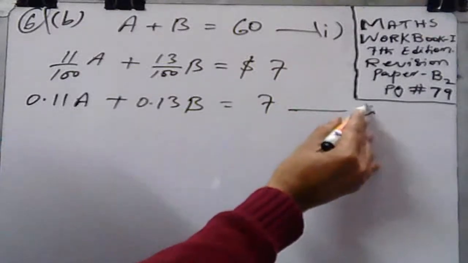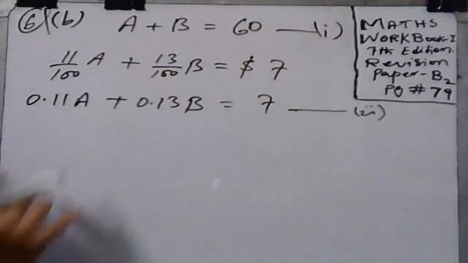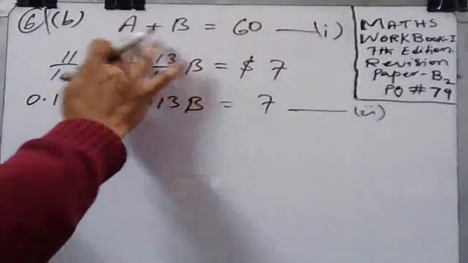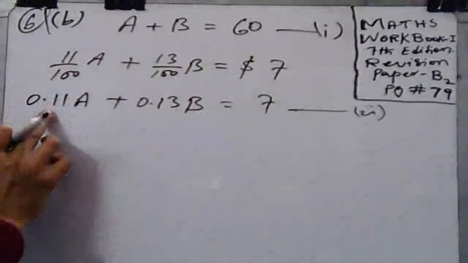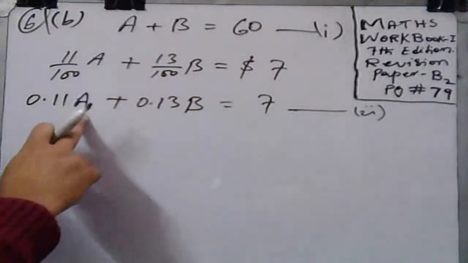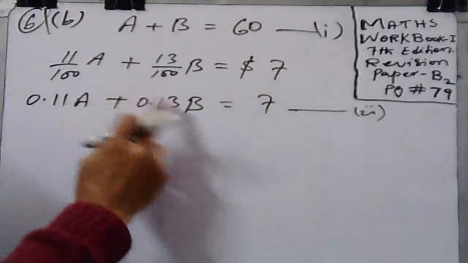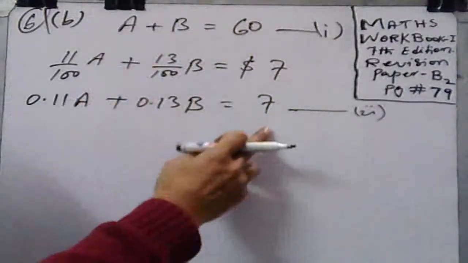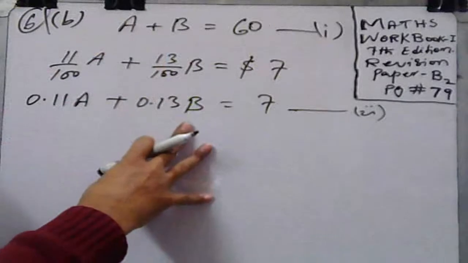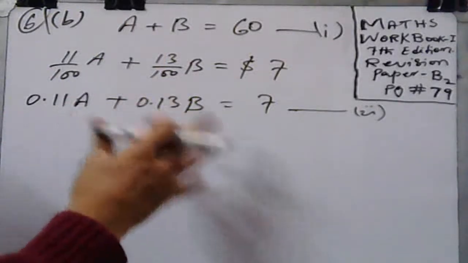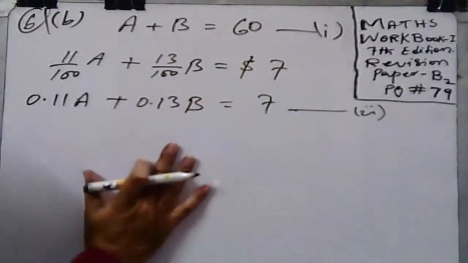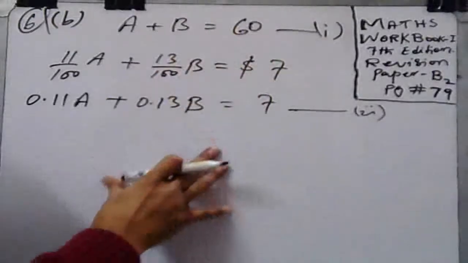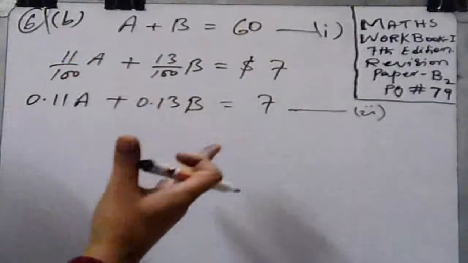Now we have to multiply equation number 1 with 0.11 and then subtract equation number 2, so we are able to find the value of b. Because we are using the simultaneous linear equation method. These are the linear equations, and we have earlier discussed how to solve simultaneous linear equations.